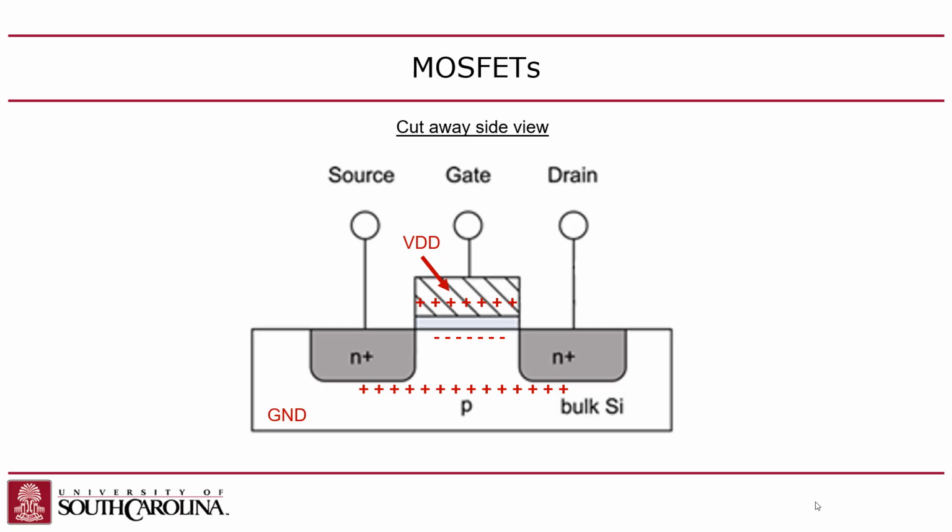Well, there's an average voltage, which is the average of this and this, right? But the voltage at each point in this channel is different, depending on the source and drain, right?